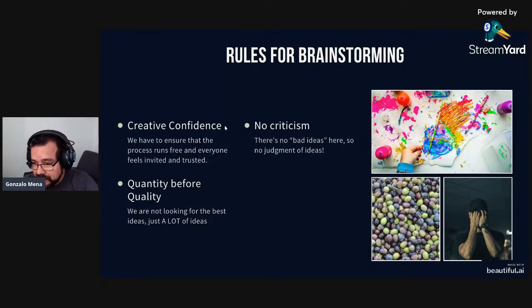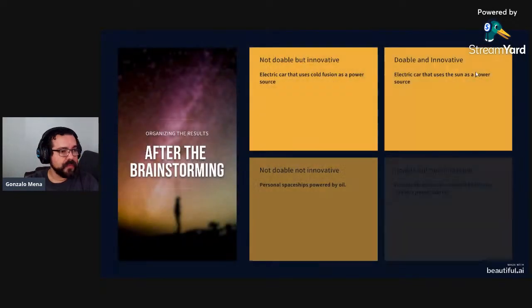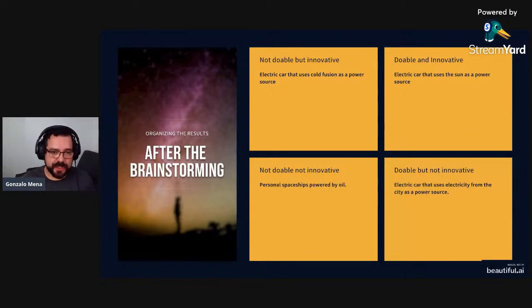Remember what we talked about, no bad ideas in this part. There are no ideas not good enough, not innovative enough. Not all ideas in this stage are good. After we do this process, we're going to end up with a piece of paper filled with ideas, many ideas.